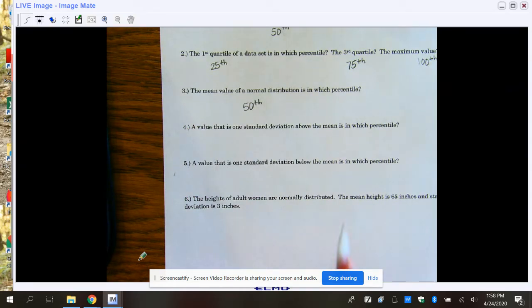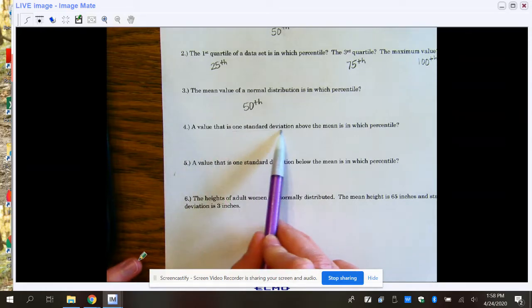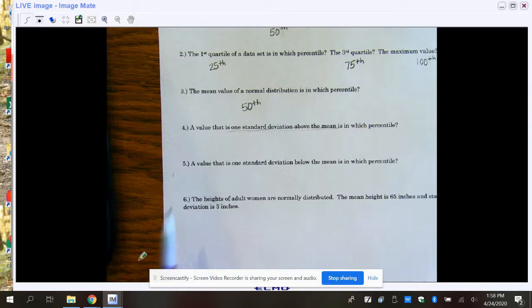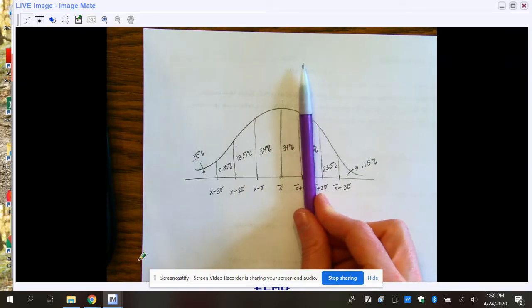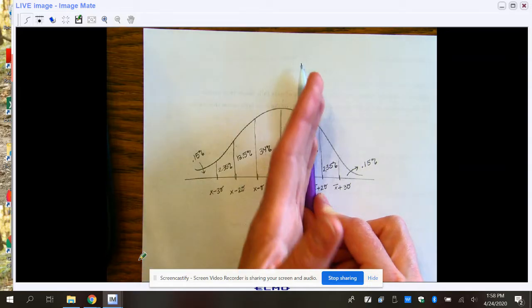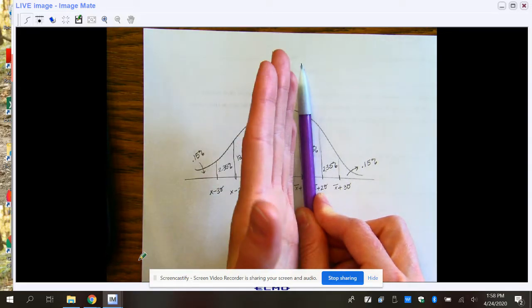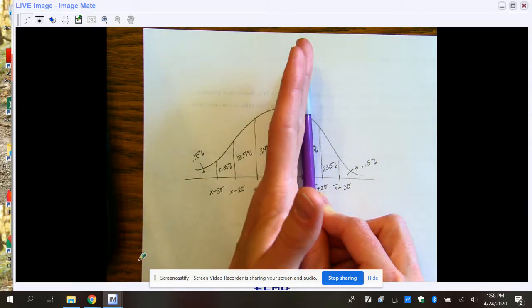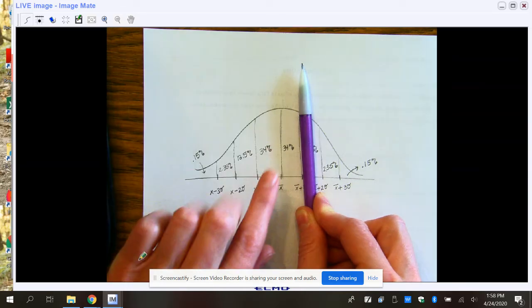So that also is going to be in the 50th percentile. It's in the middle. All right, so now this is asking, a value that is one standard deviation above the mean is in which percentile? So one standard deviation would be right here. Another way that question could be thought of is, what percentage of data falls below this value?